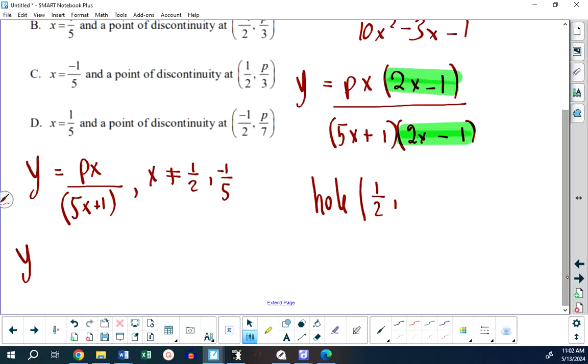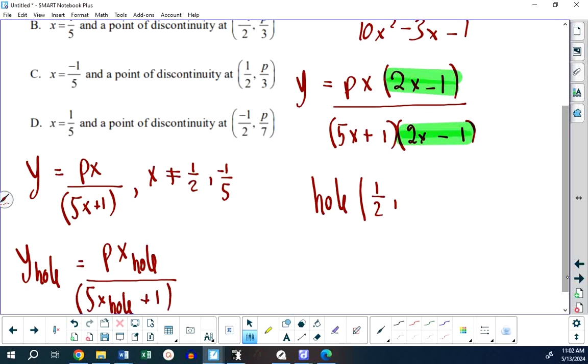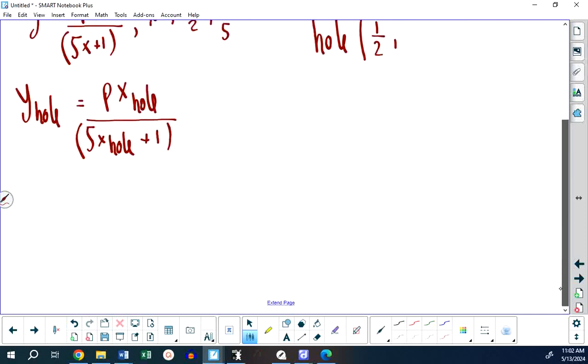The y-coordinate of the hole is found by taking the x-coordinate of the hole and putting it into the function. We're not allowed to do that, but again, we're putting in a value of x that doesn't exist, so what we're getting is a value of y that doesn't exist. It was 1/2. We've got to be careful here with some fractions.